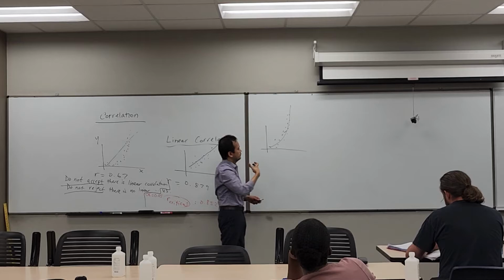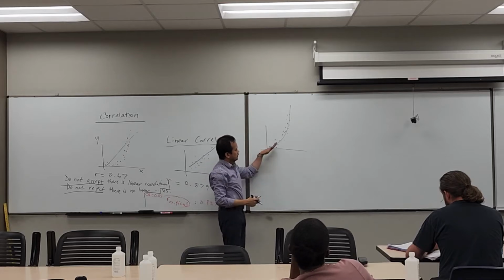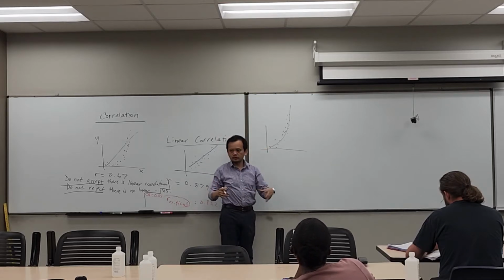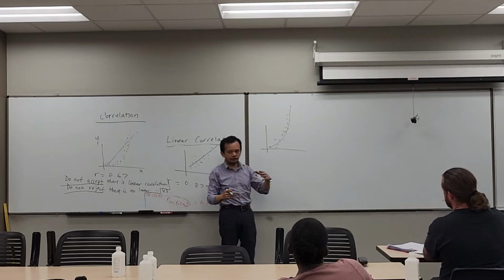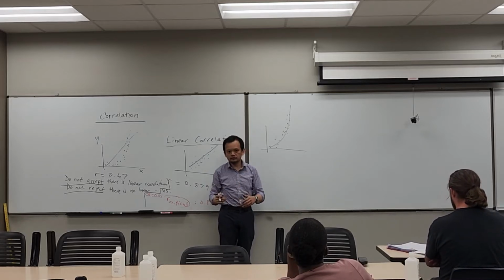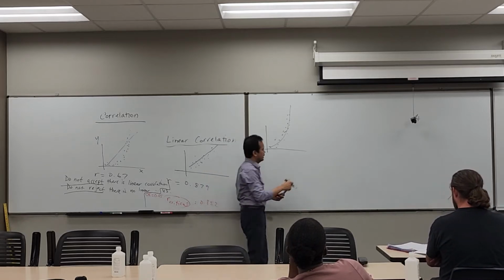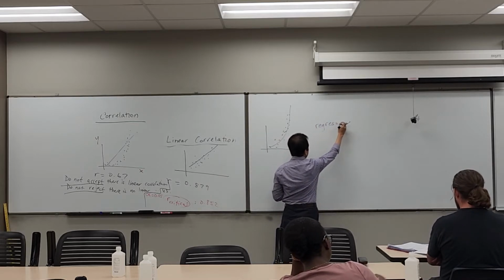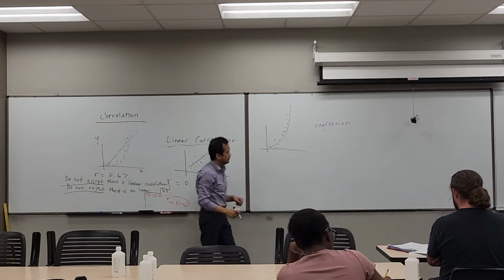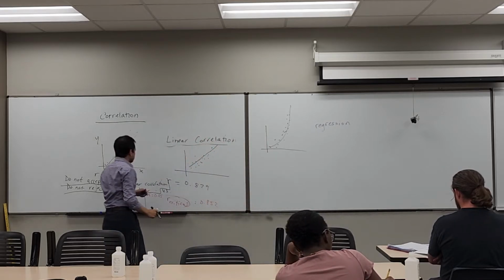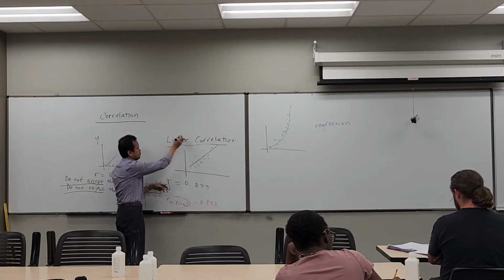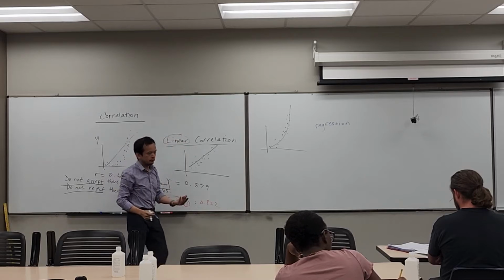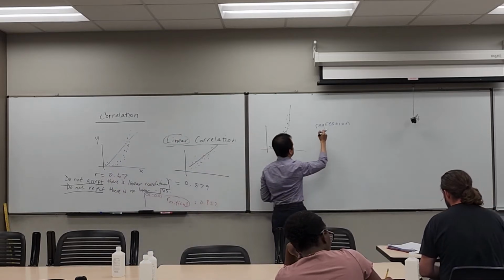So by the way, what we mentioned last time is if you have data points that you're observing and you're trying to fit the best curve to the points, in general we call that regression. So regression is fitting the best curve to your observed data points. In the case of linear correlation, we're fitting the best possible straight line to those points. So that's linear regression.